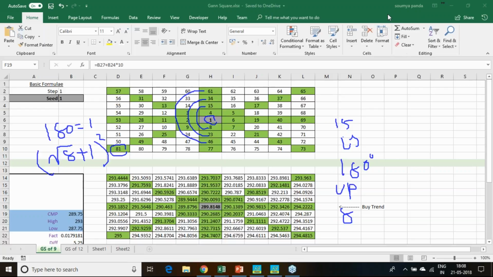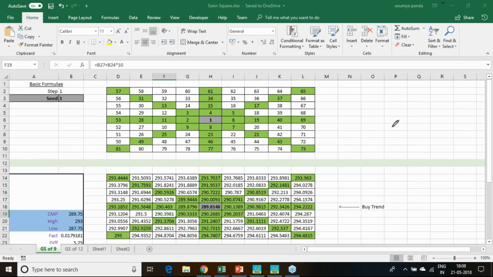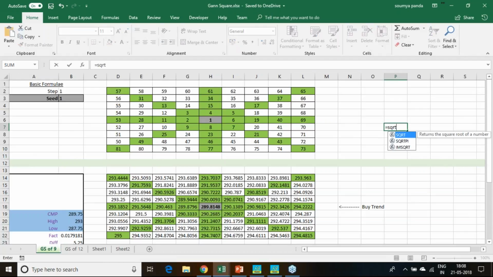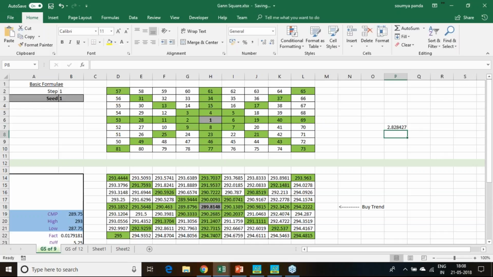If you work out the same thing in Excel, whatever I have told you: take the square root of 8, and add to it 180 degrees, which is known as 1.